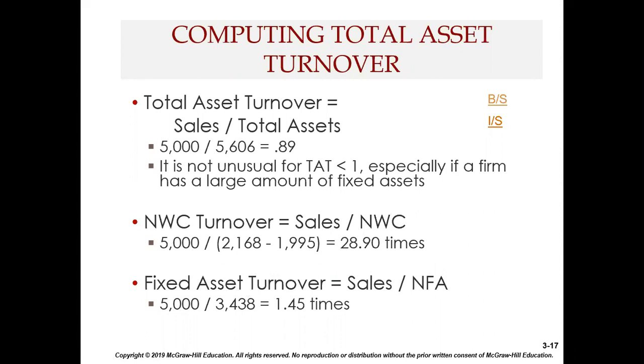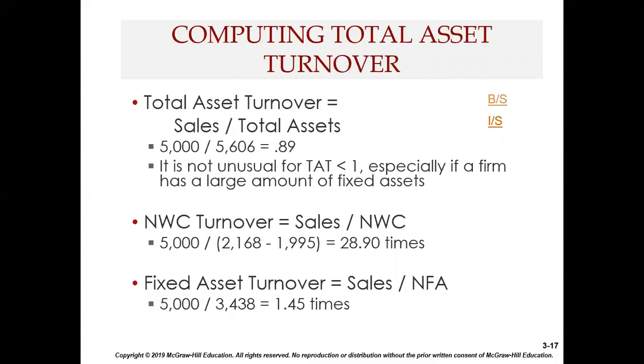Then we have fixed asset turnover. How well are we using our fixed assets to produce sales? So the value of our fixed assets, we're able to produce sales 1.45 times. So if you're going, well, what does that really tell us? Well, you got to compare yourselves. How are other companies using their fixed assets to produce sales?